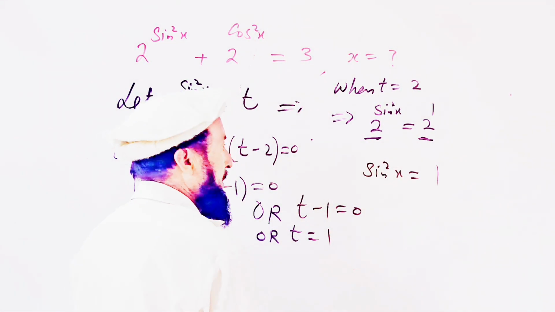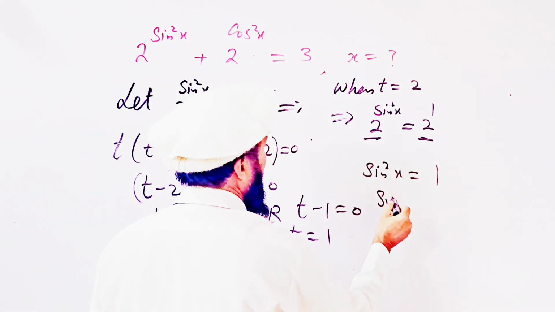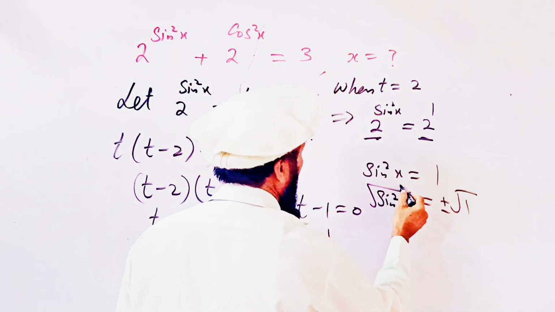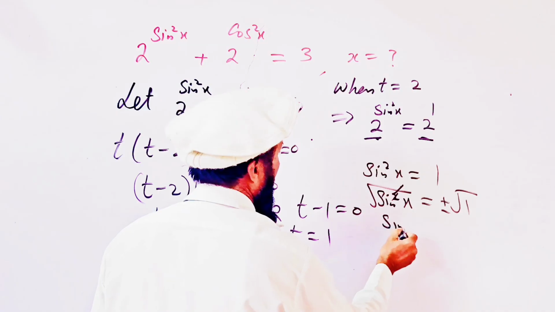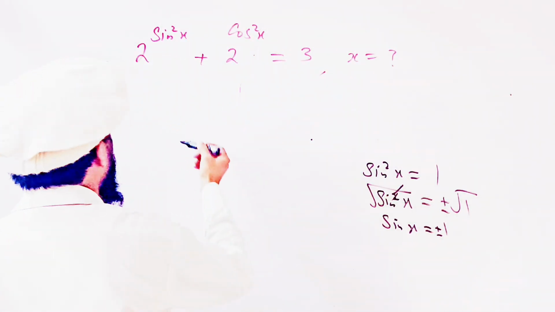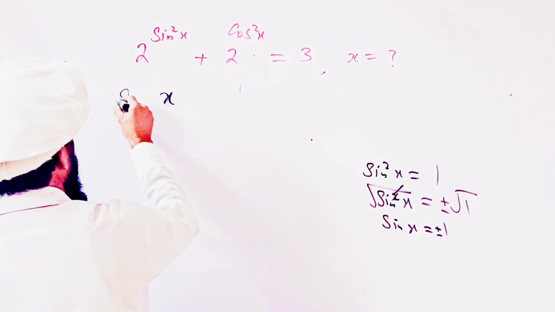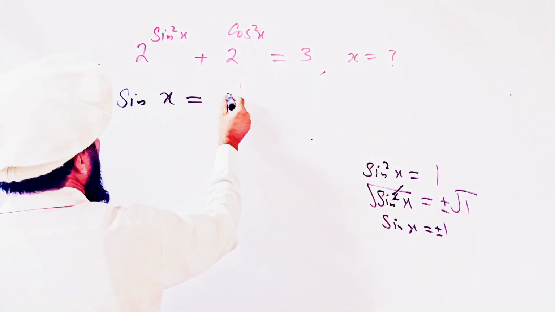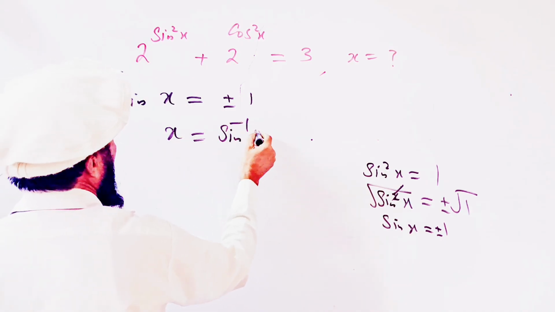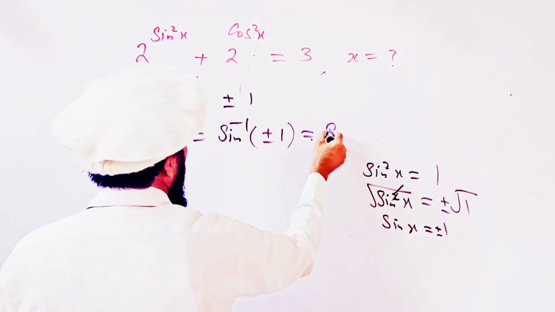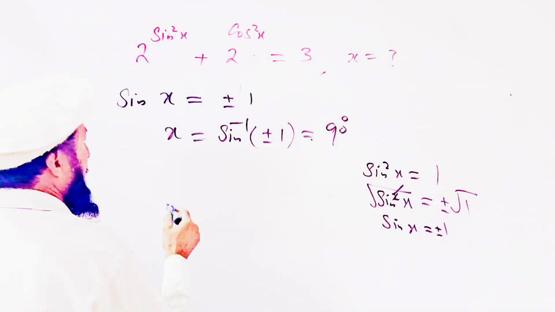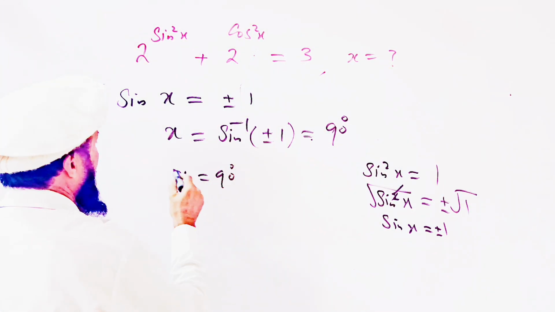Taking the square root on both sides, sine x is equal to plus minus 1, and x is equal to sine inverse of plus minus 1. We get 90 degrees for the positive, and this is one of the solutions: x is equal to 90 degrees.